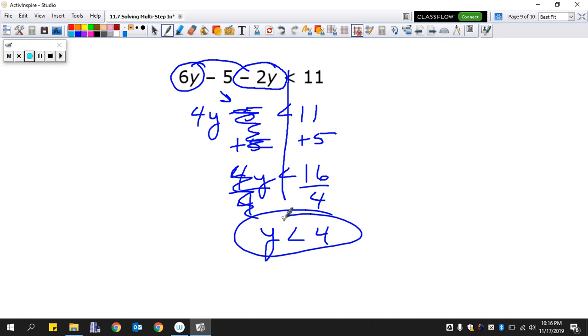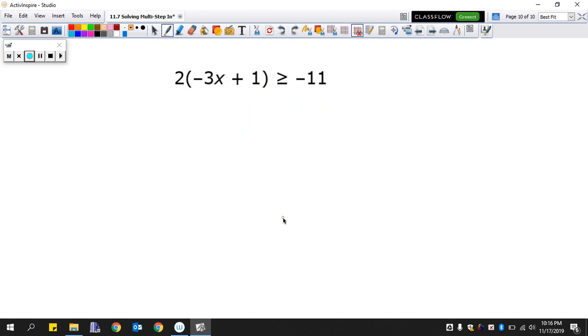And the last one, we're talking about one where we have to use the distributive property. So we're going to distribute this 2 to the -3x, and we're going to distribute the 2 to the 1. So 2 times -3x is -6x, plus 2 times 1 is 2, which is greater than or equal to -11.